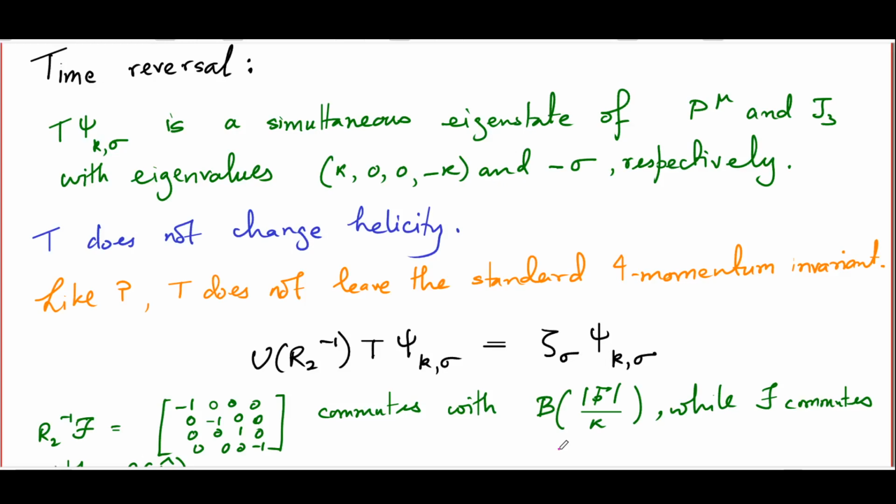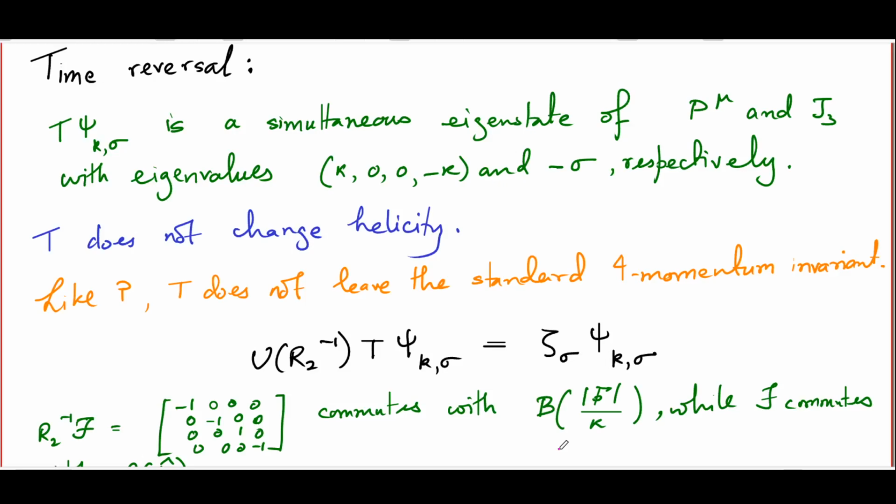But very much like parity, time reversal also does not leave the standard four-momentum invariant. In fact, it changes it to the same final four-momentum kappa, 0, 0, minus kappa. So the remedy is very similar. Instead of talking of the time reversal operator on its own, let's talk about U of R2 inverse T. And when that acts on psi k sigma, it gives you back the same standard four-momentum k by reversing the minus kappa back to plus kappa.